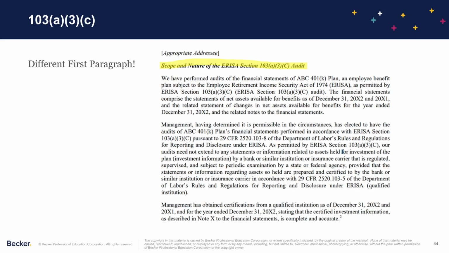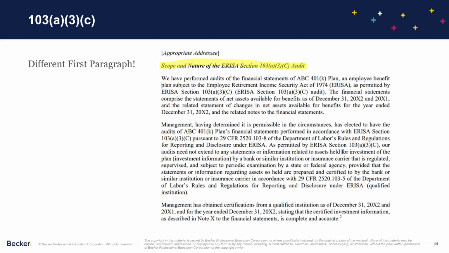We're going to have this new section that still starts with a pretty close to standard description of who we're auditing, what we're auditing, and what period we're auditing. Then we have a description of the explicit rules for ERISA, and then a statement that management has obtained that certification, so people know that we're going to do it differently.